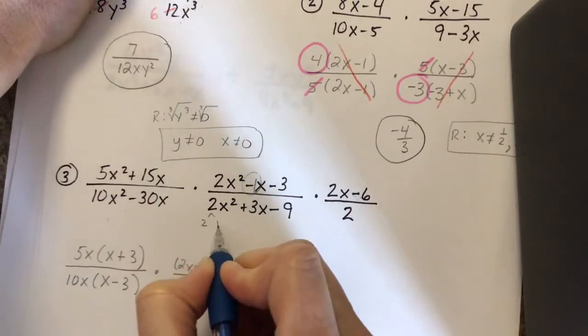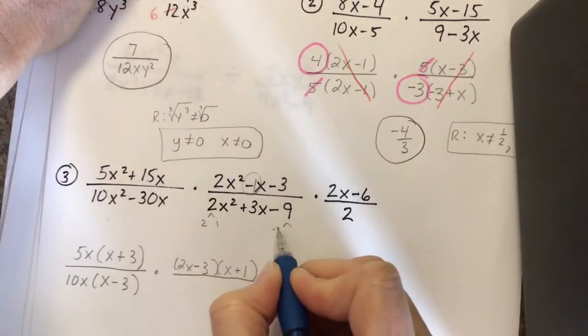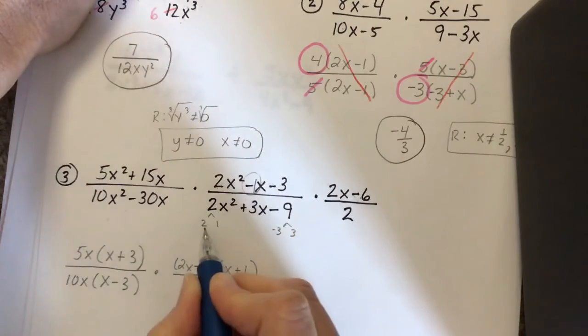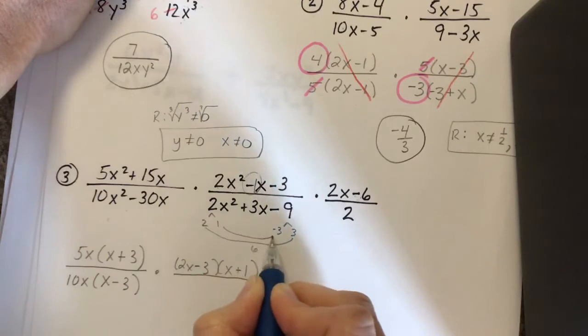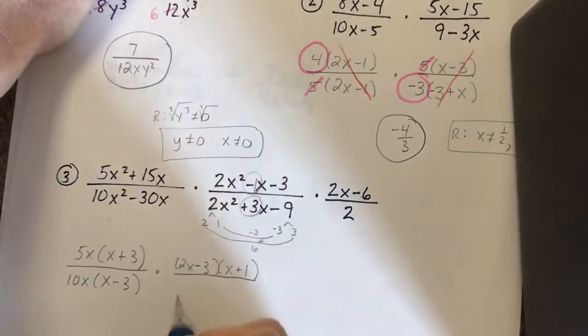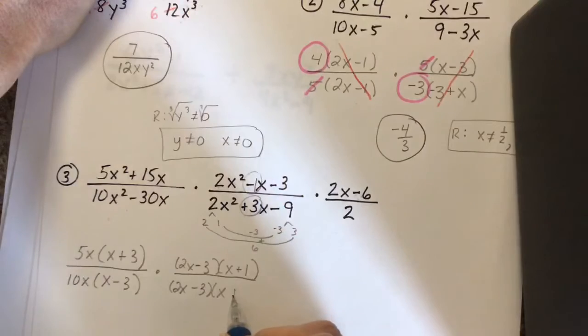This is 2 and 1. How about negative 9? Probably negative 3 and positive 3. And I want 2 times 3, 6. 1 times negative 3 to multiply, add up to 3. All right, so that's 2x goes with the minus 3. And then x plus 3.